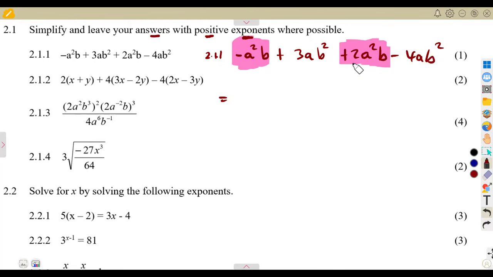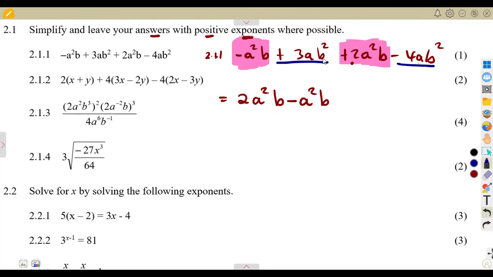So you can even start with the positive one. That's 2a squared b minus a squared b. Which is the same as 3ab squared and minus 4ab squared.